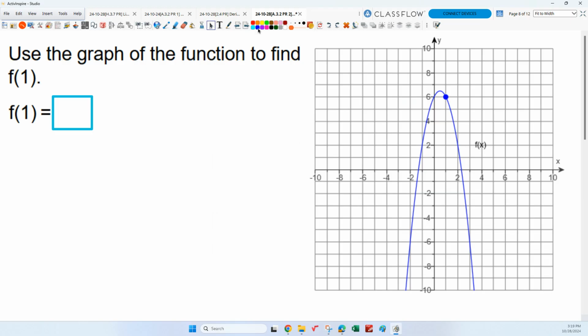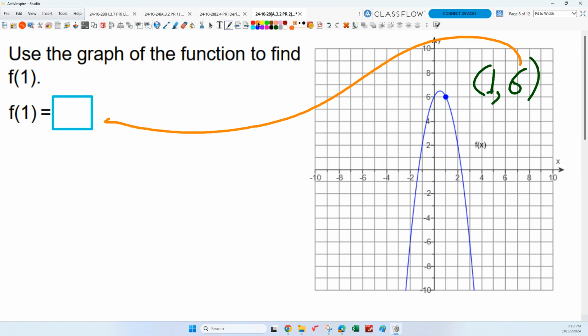Okay, now look at this ordered pair. This ordered pair has coordinates x is equal to 1, y is equal to 6, right? So the y coordinate is 6. That means the output number is 6. That's it. Make sense? So we got all these different ways of doing it.